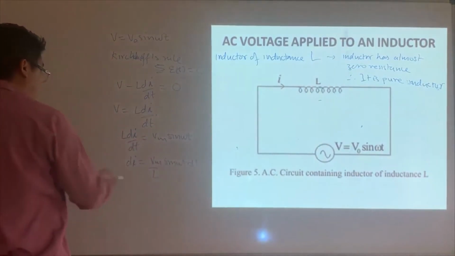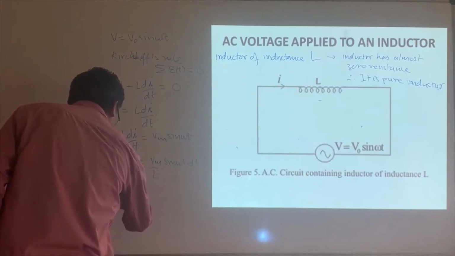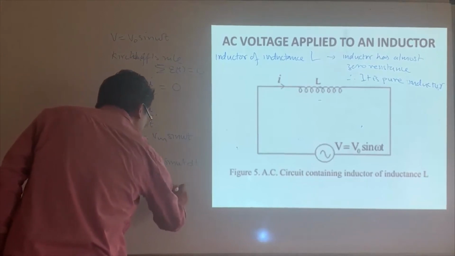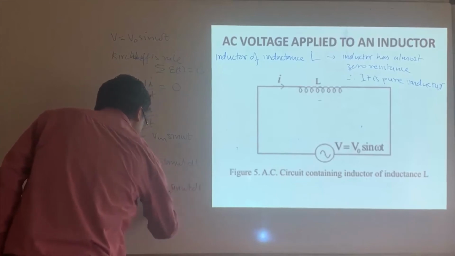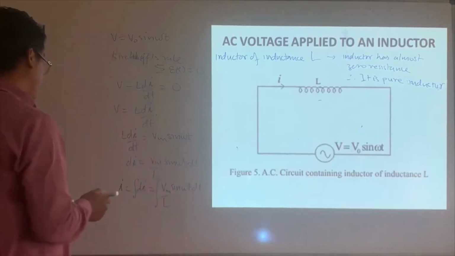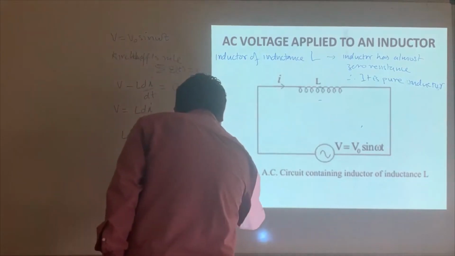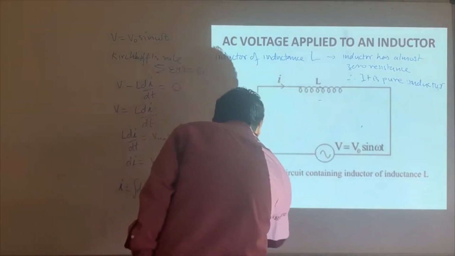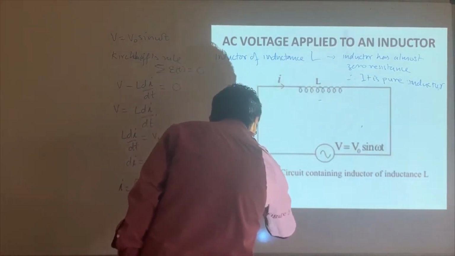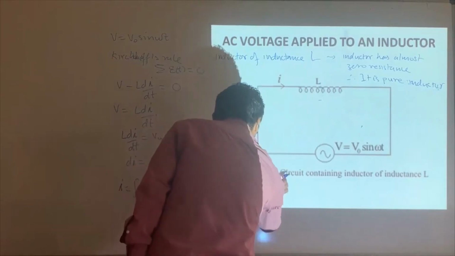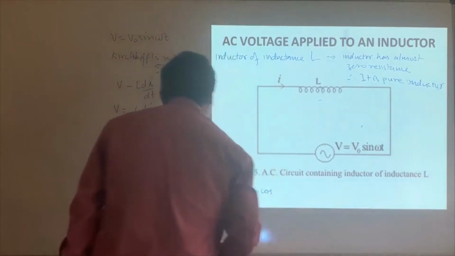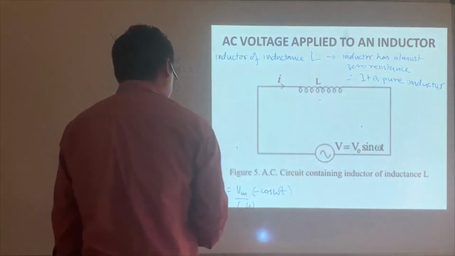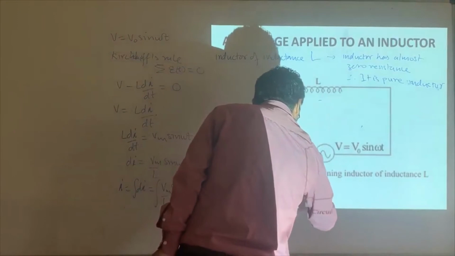All right. So now I would like to integrate this. When I integrate this, it would be equal to Vm by L, and omega comes down, minus cos omega t, plus some constant.